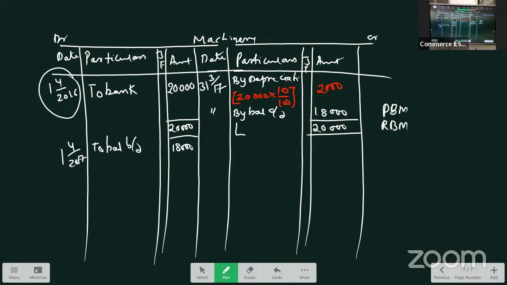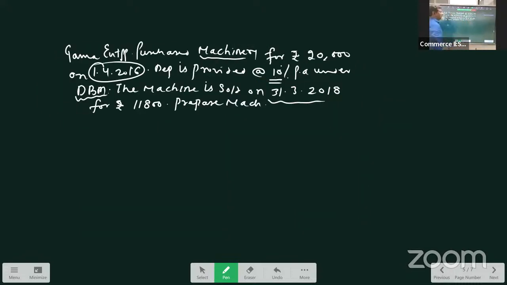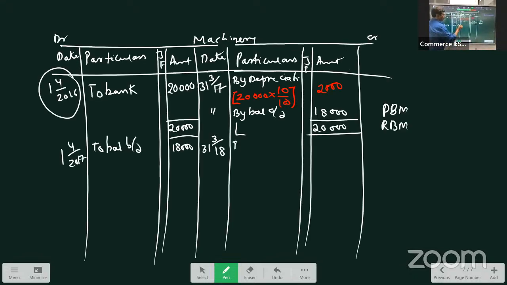Then when do we close it? 31st March 2018. This is the date we have sold the asset. So now let us close the asset account. Before that, we have to provide depreciation, because the asset was used throughout the year from April 2017 to 31st March 2018.